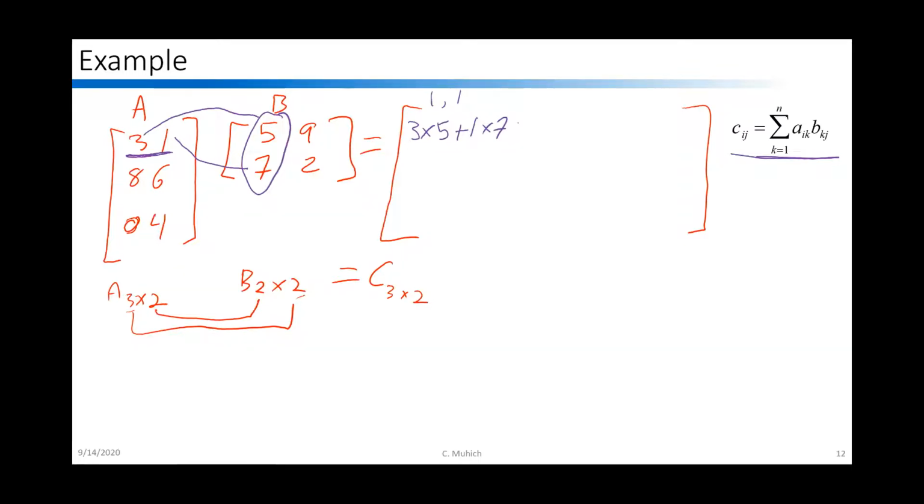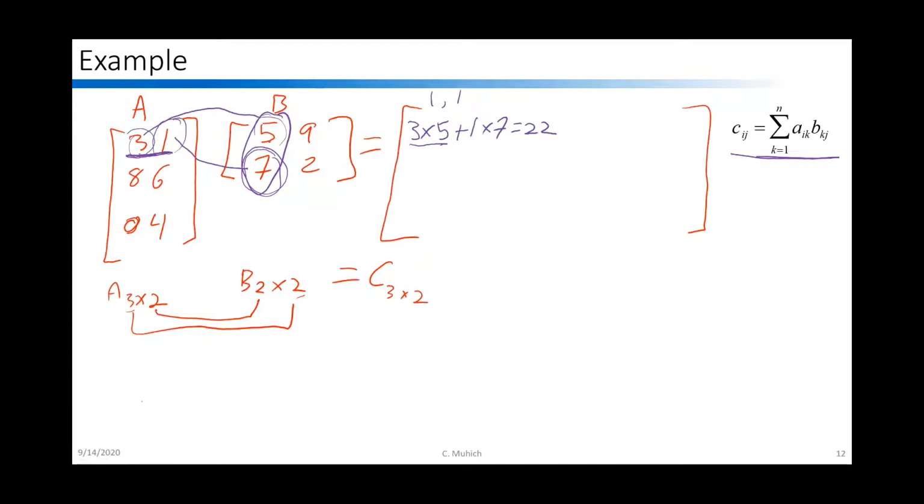All right? And this is going to be equal to 22. Right? So I'm taking the first element of row 1 of A, the first element of column 1 of B, multiplying those together, and then adding that result, so that's 3 times 5, to the second element in row 1 of A times the second element in column 1 of B.